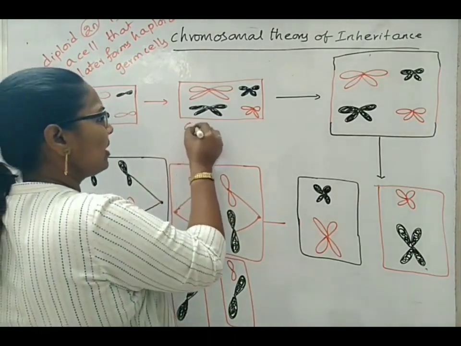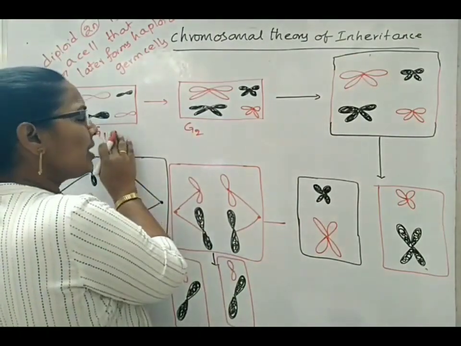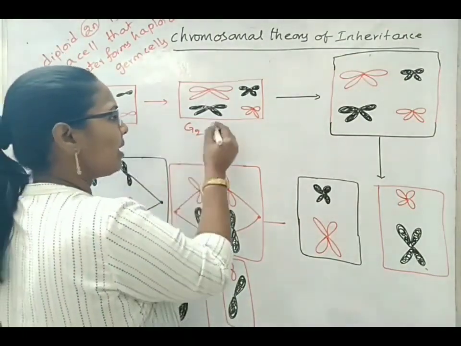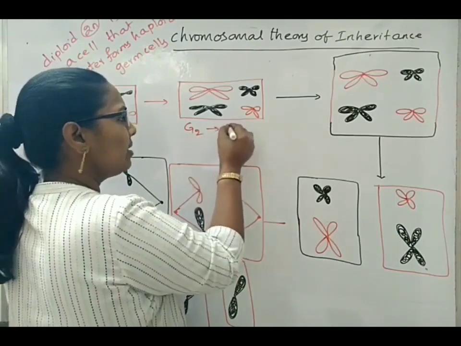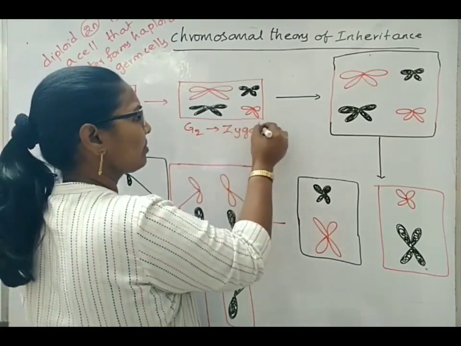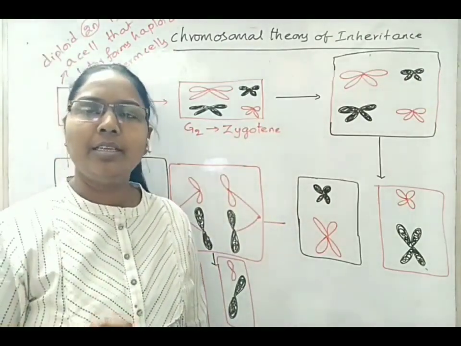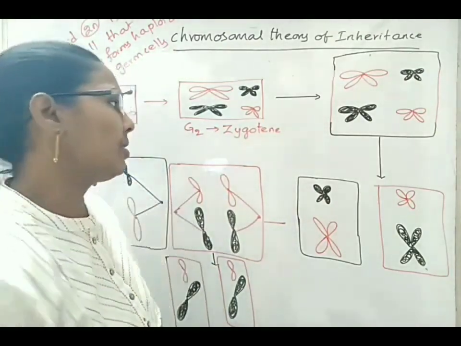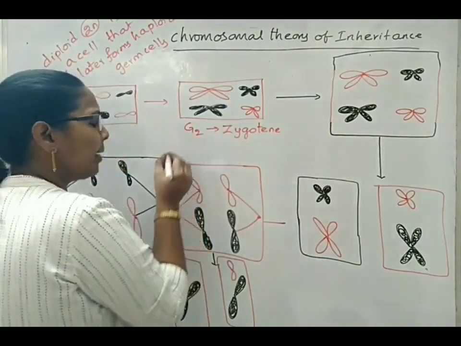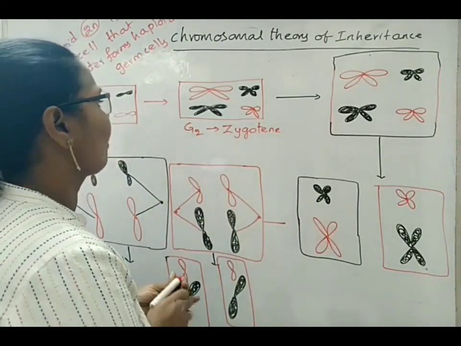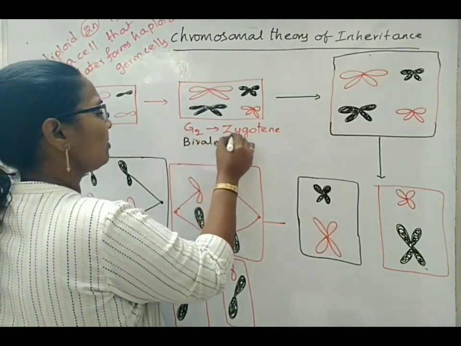Coming to the next stage, what happens in the G2 phase? The chromosomes which exist like this will be converted after G2 and next in the zygotene stage. Zygotene is one of the stages in prophase 1 of meiosis. So here the chromosomes are modified into bivalent forms.